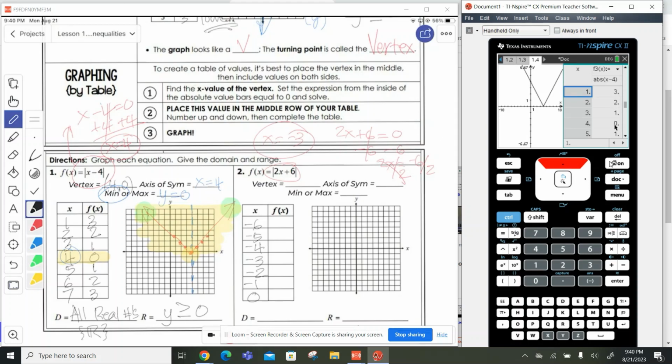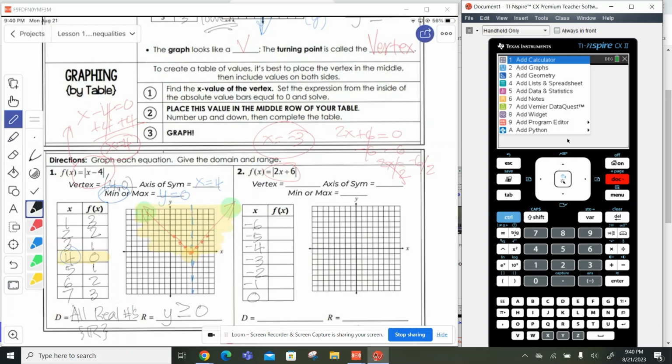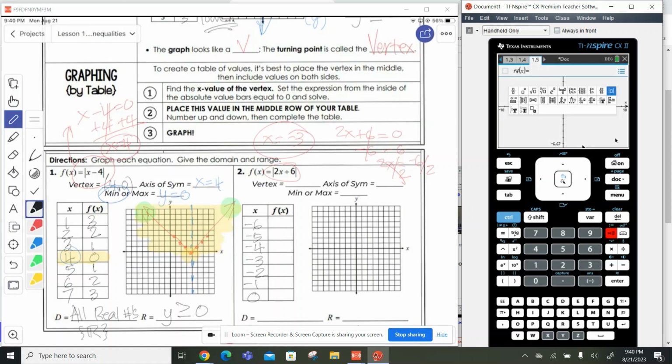So go ahead and press Control, Document, and we want to add graphs. So the absolute value symbol goes right here, and select the absolute value. Then type 2x plus 6 inside, hit enter, and there's our graph. I'm going to move the label below.